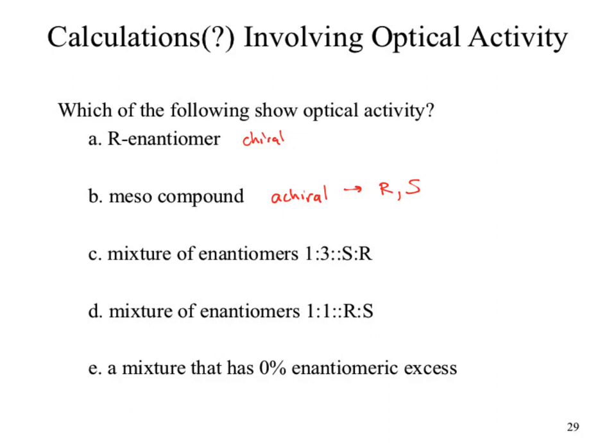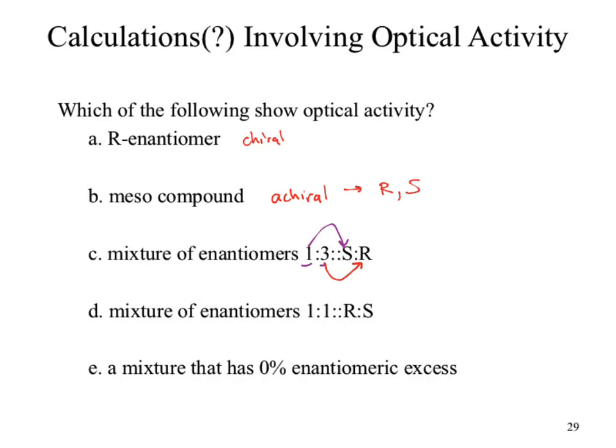Okay? So a mixture of that is racemic? We'll come to that in a second. A mixture of enantiomers, 1 to 3, meaning I have 1 part S and 3 parts R. Would I expect that to rotate light?